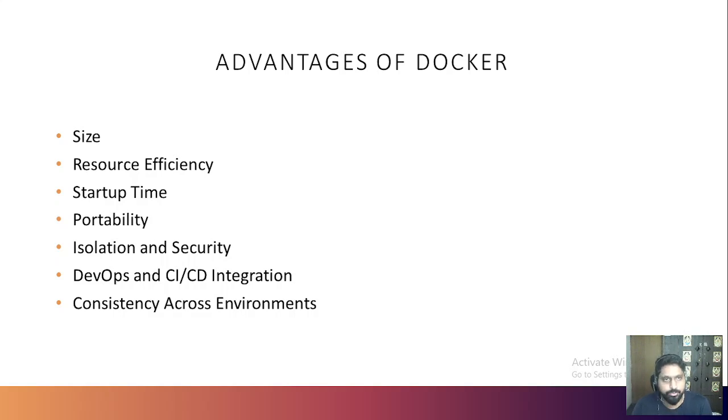Let's say it's 1 or 2 GB in size, and it takes about 2 gigs of RAM, all this stuff. So you're just going to run only one application in that server. In that case, you have to have an entire set of hardware, on top of that you will have the OS, and then you will be running the application in it. So there is not much benefit in doing it this way, I would say.